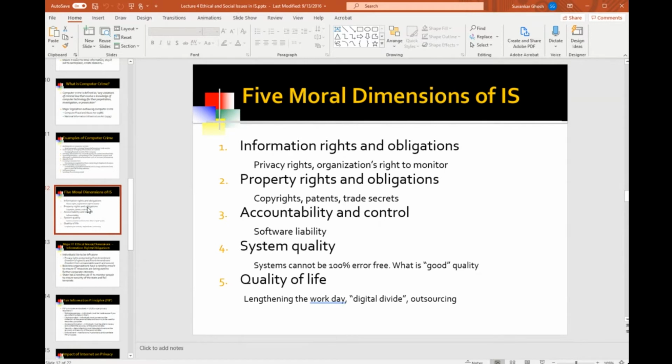Again, a given scenario where ethics is involved and an ethical choice needs to be made can fit into more than one dimension. So, for example, here, accountability and control is indeed one of the dimensions, because it's talking about the accountability on the part of the person taking the action.